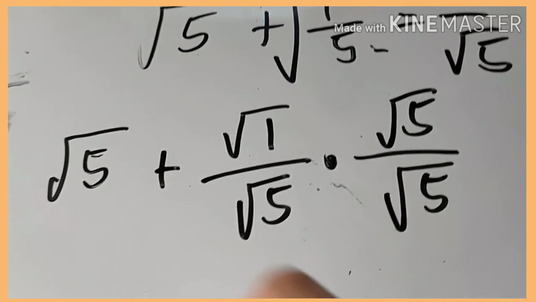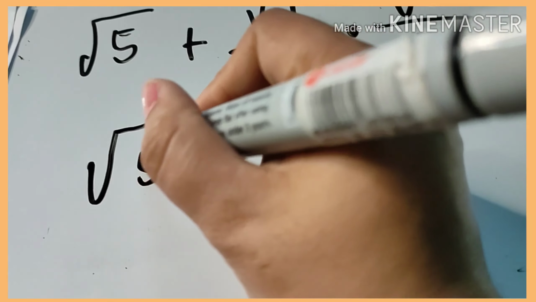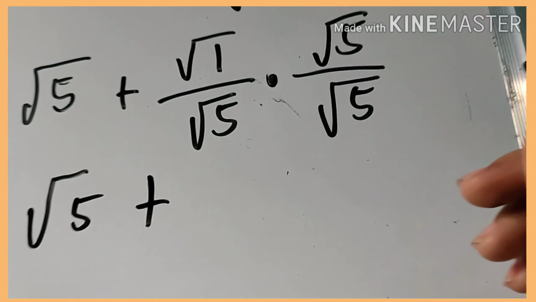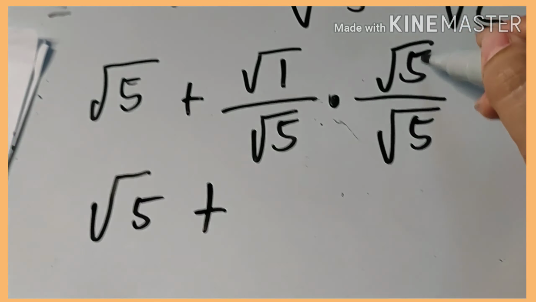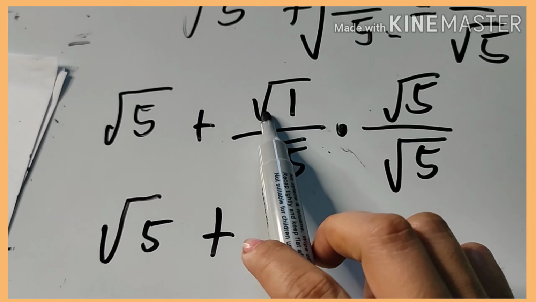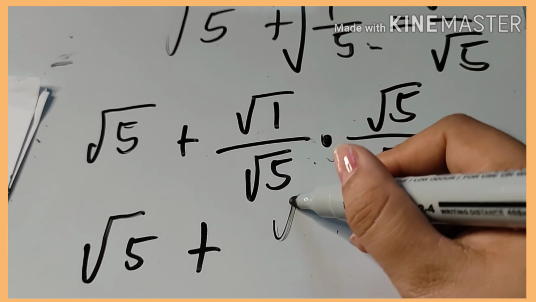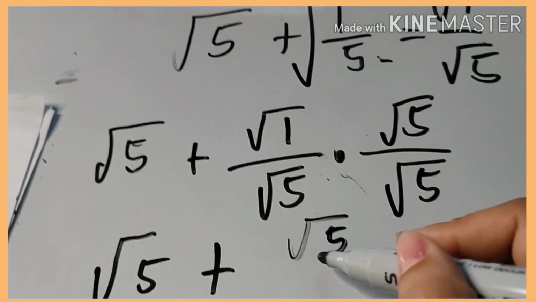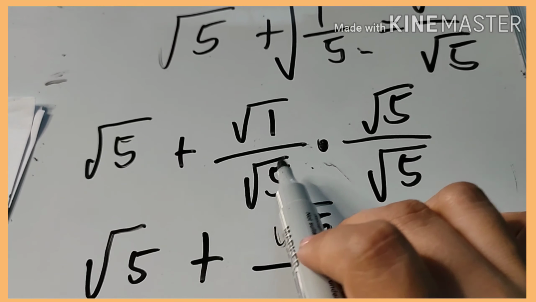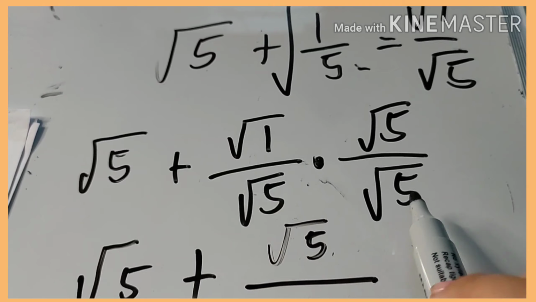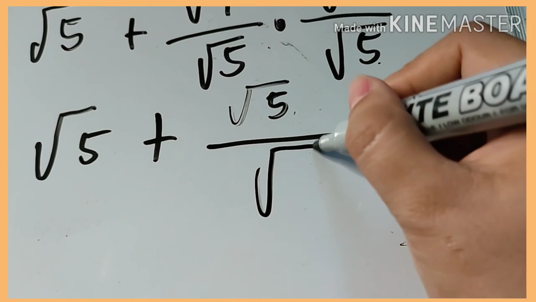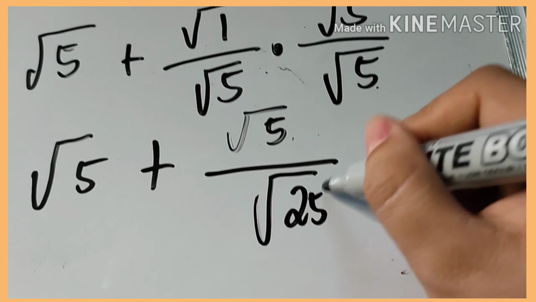So let's have square root of 5 plus this one multiplied: square root of 1 times square root of 5 is simply square root of 5, and then square root of 5 times square root of 5 is square root of 25.